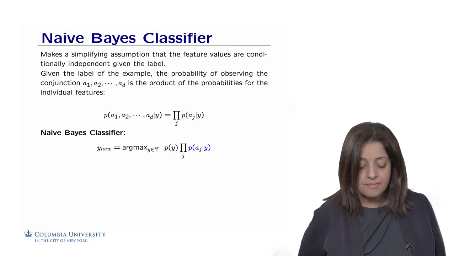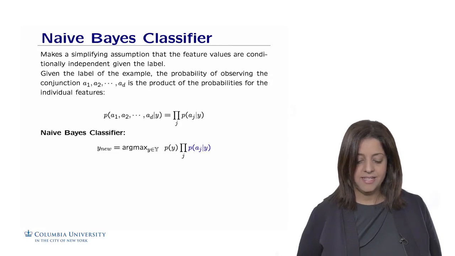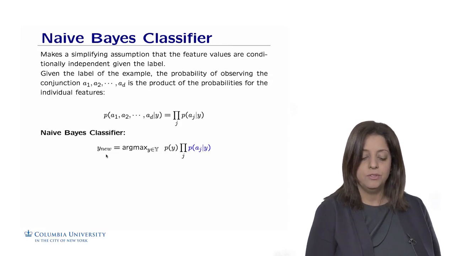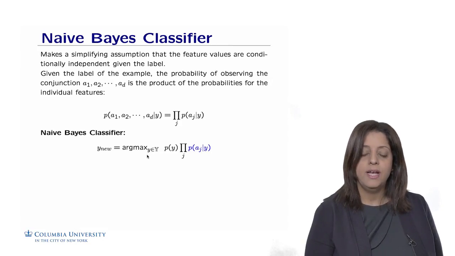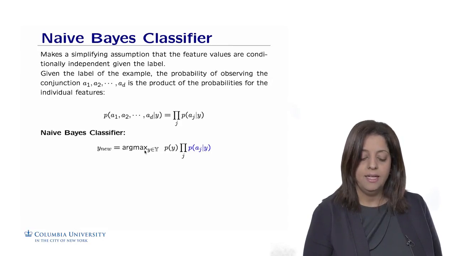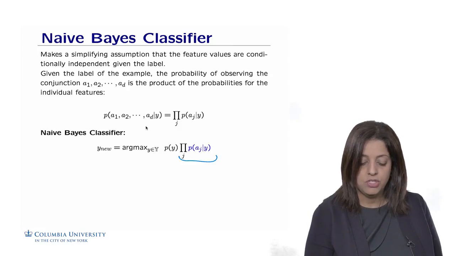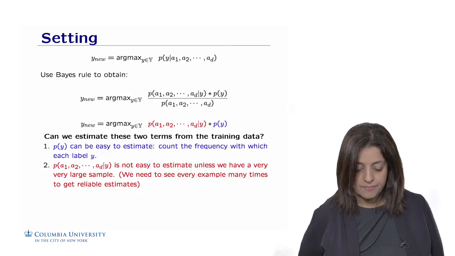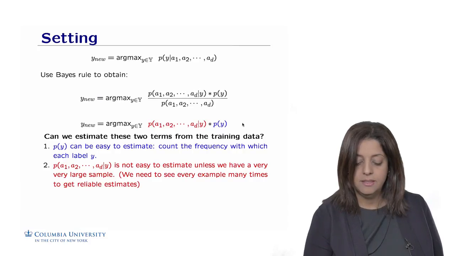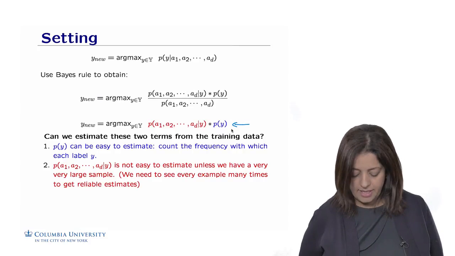So given this, the naive Bayes classifier is simply written as follows. If you want to calculate the label of a new example, we're going to see which Y among the possible labels maximizes what. We have this term, which is the probability of A1 through AD given Y. We multiply this by P of Y, based on the previous formula here.